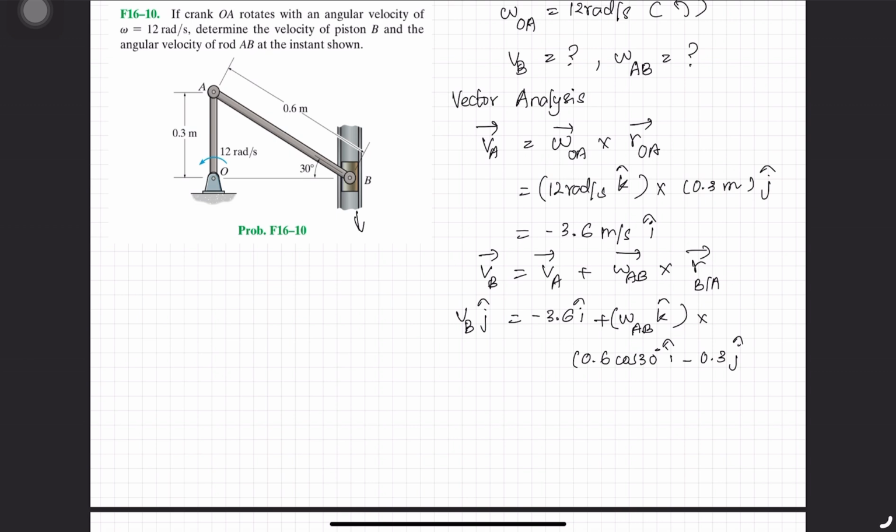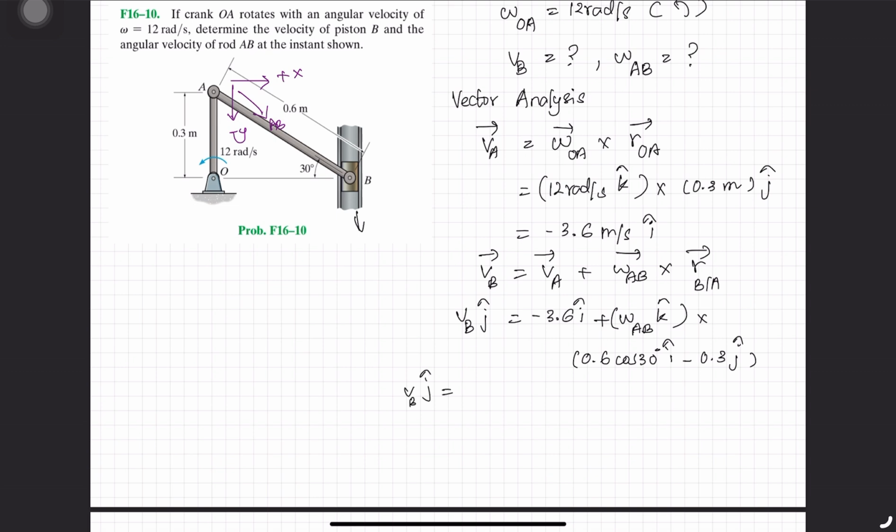I will rewrite this now. It is the positive X direction, and that is the negative Y direction. That is the resultant going for AB. For simplification of this, we will have to multiply.